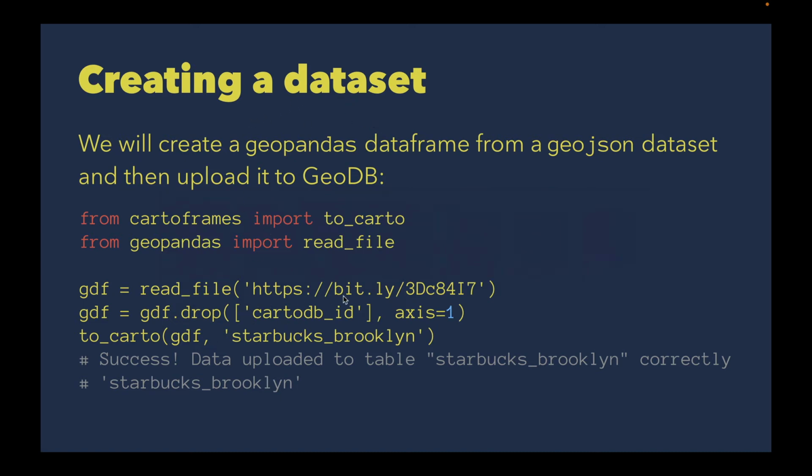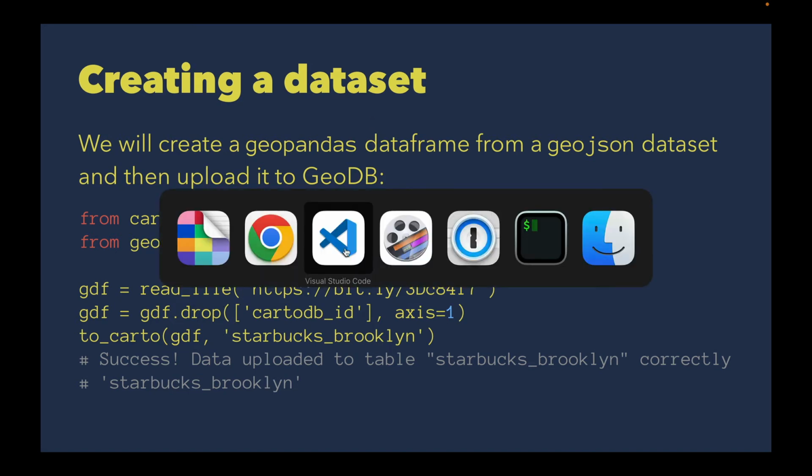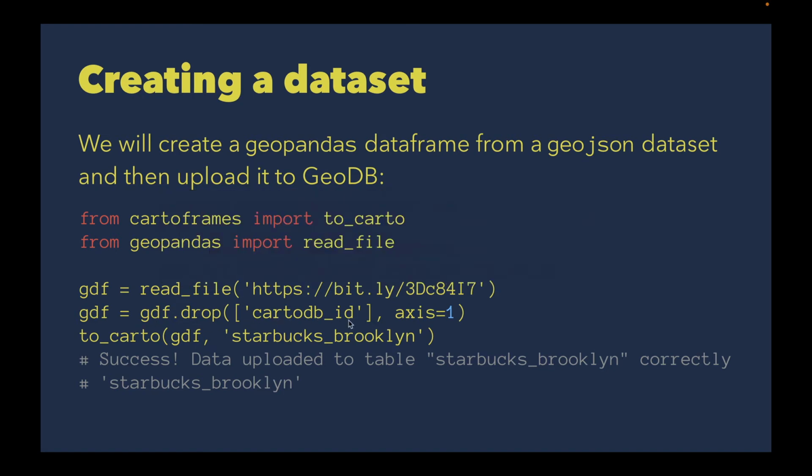So here I have a URL, and this URL is actually pointing to a GeoJSON file, and that GeoJSON file contains some locations of Starbucks in Brooklyn, and there are 10 locations in that, and we're just going to go ahead and load that data. This data already has a CartoDB ID, probably because it was exported from CartoDB. So we're just going to delete that column because that's a primary key, and continue, and then load that data frame in.